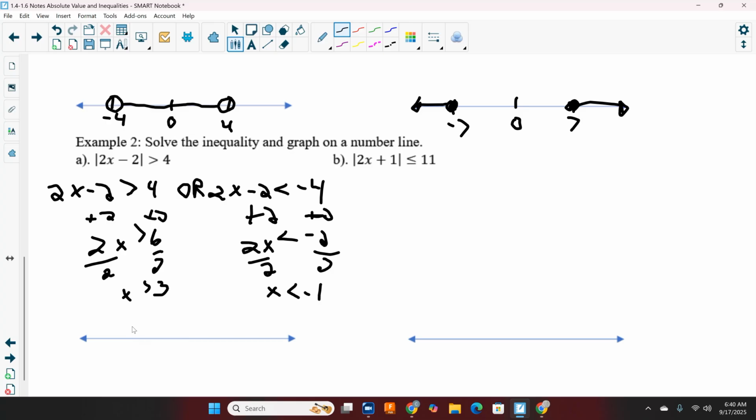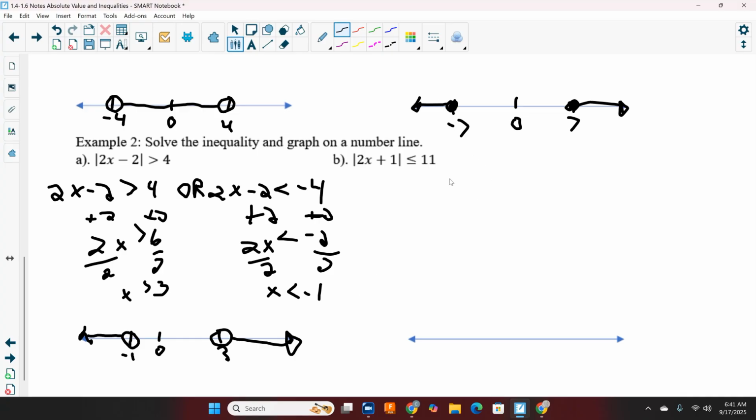And again, that's an or. So let's plot a few points here. There's -1. There's 0. There's 3 out here somewhere. That did not have an equal to, so it's going to be an open circle, shaded to the left for less than -1, and greater than 3, open circle, shaded to the right.